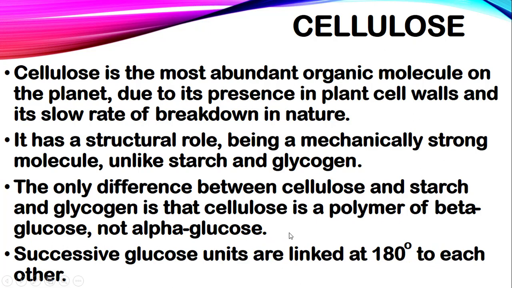In the case of starch and glycogen, we studied that both of them are polymers of alpha glucose. Cellulose is a polymer of beta glucose. Therefore, it is structurally more stable as compared to starch and glycogen.